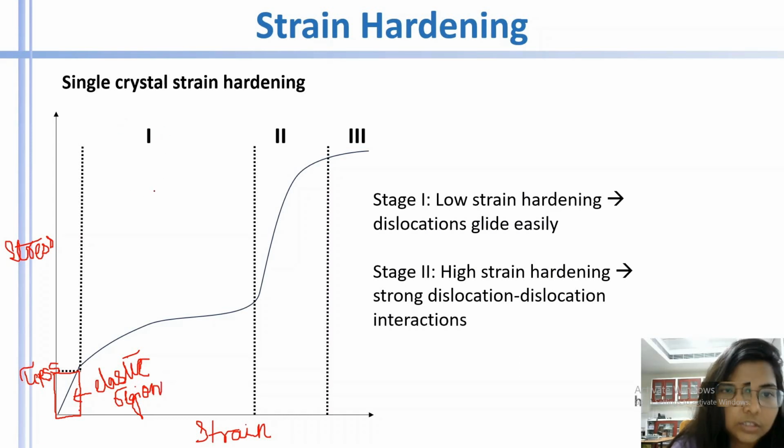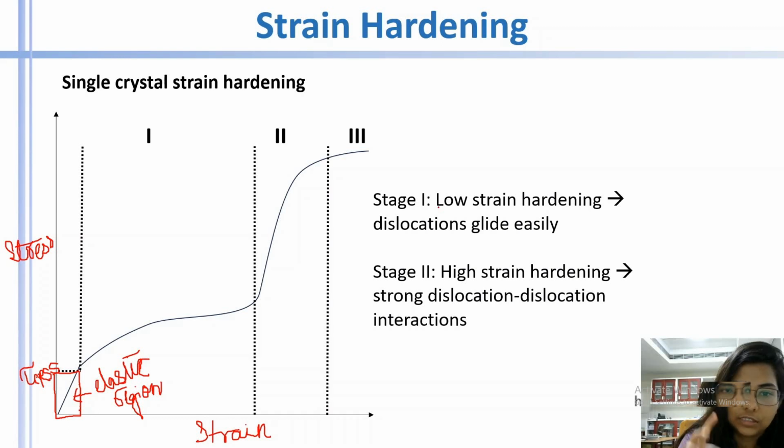Then we have stage 1, stage 2, and finally stage 3. So in stage 1 what happens? In stage 1 the dislocations can glide easily, so there is low strain hardening.